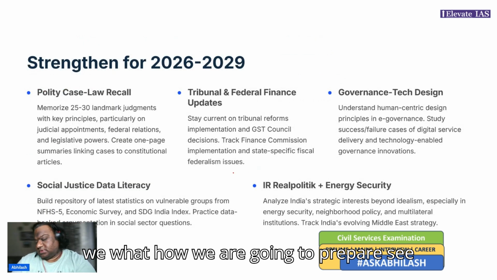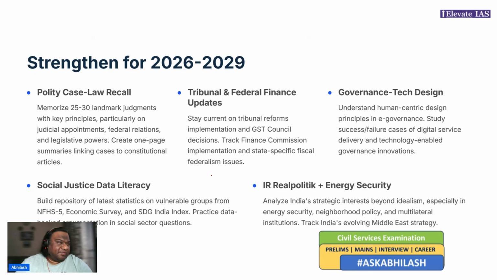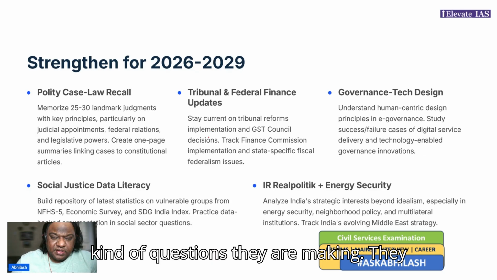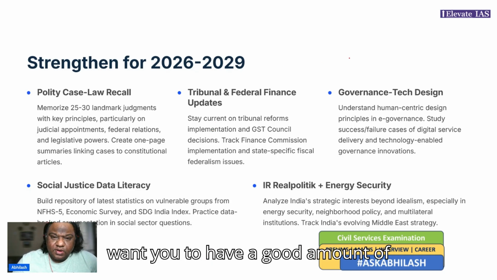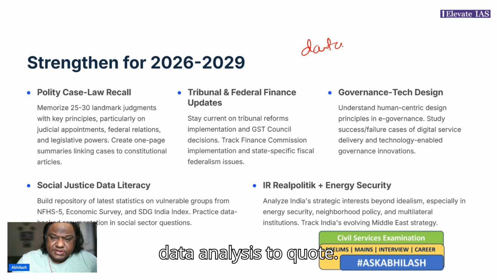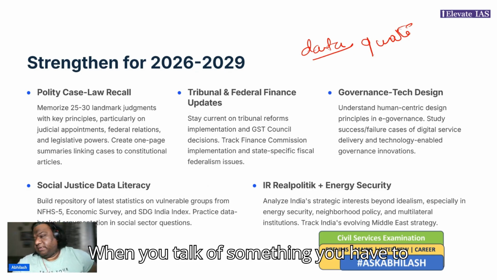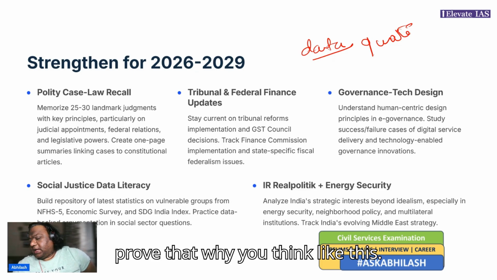Now, how are we going to prepare for the upcoming exam? You see the kind of questions they are making. They want you to have a good amount of data analysis to quote when you talk of something. You have to prove why you think like this.